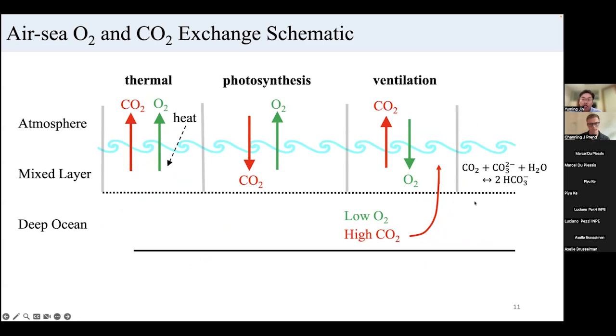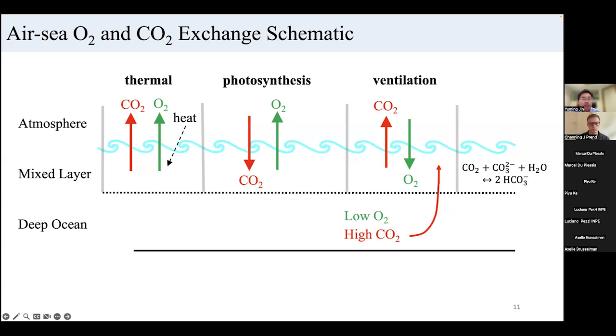But oxygen does not have such carbonate chemistry as a buffer system. The dissolved oxygen will equilibrate between the surface ocean and atmosphere really fast. It means the production of oxygen in the ocean through photosynthesis will lead to very rapid outgassing into the atmosphere. So this process does not necessarily require CO2 uptake because of the carbonate chemistry.